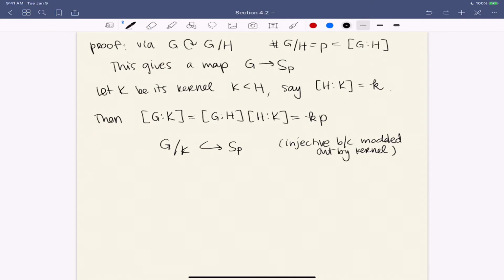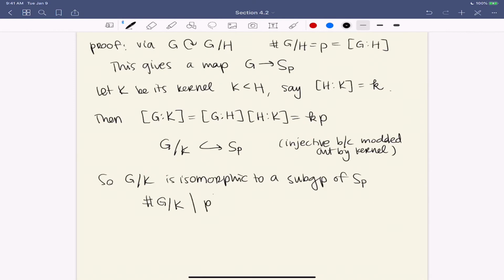So G mod K, again by the first isomorphism theorem, is isomorphic to a subgroup of SP. And so, in particular, the order of G mod K has to divide P factorial, which is the order of SP, because we know that the order of a subgroup always divides the order of the full group.